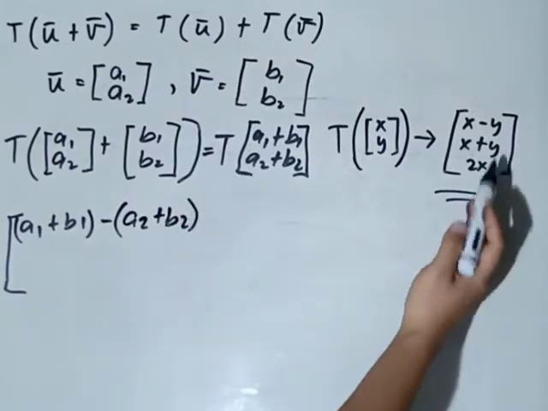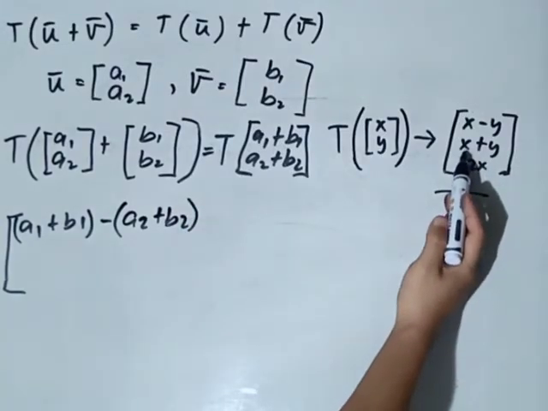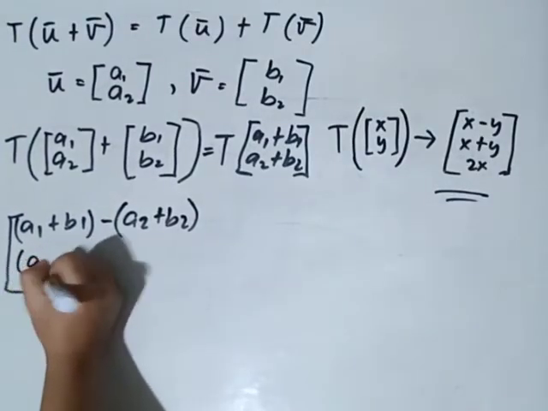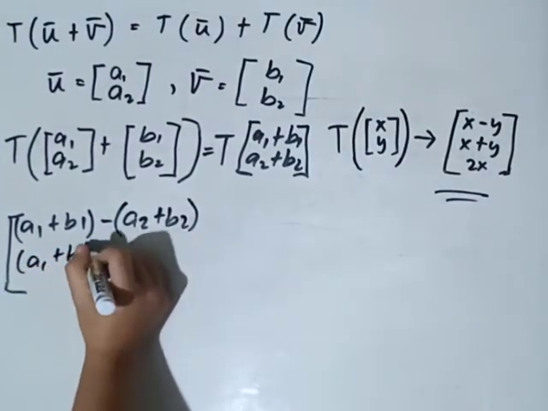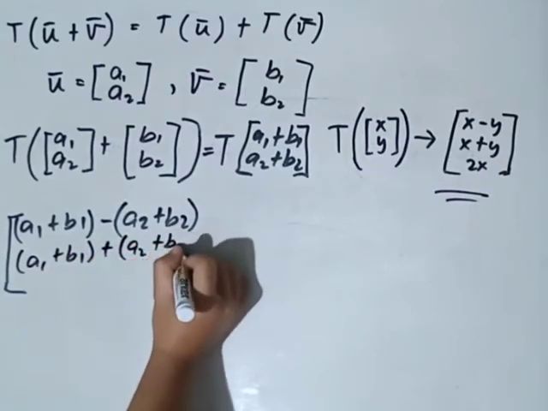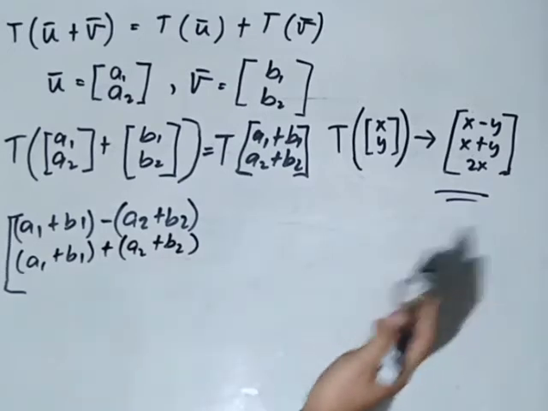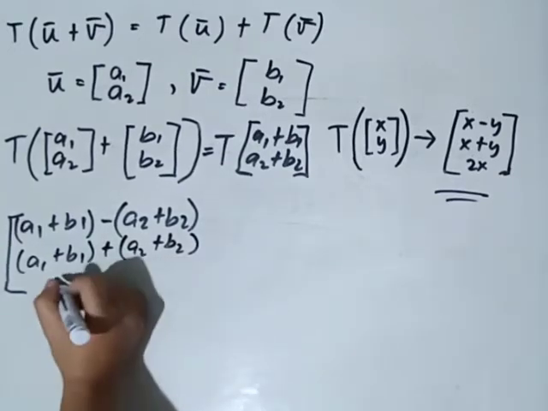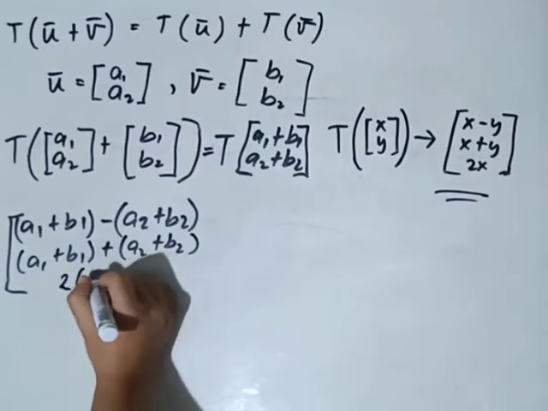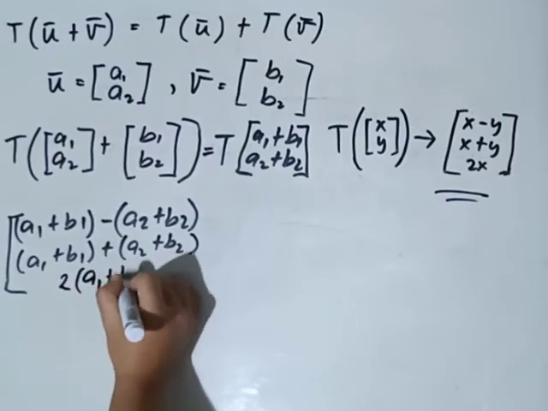And then next we have to get the first component and then add the second component. So that is a sub 1 plus b sub 1 plus a sub 2 plus b sub 2. And then the third one will multiply 2 by the first component. So that is 2 times a sub 1 plus b sub 1.